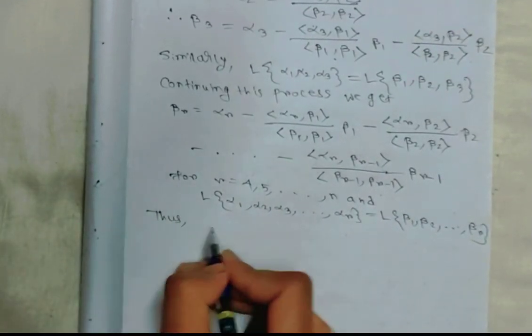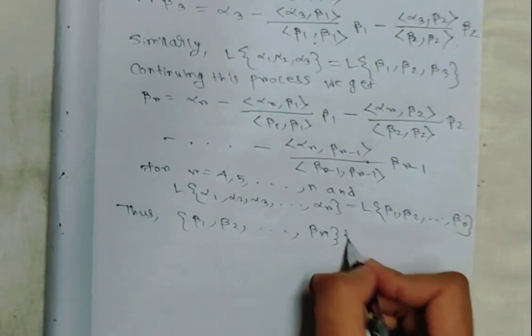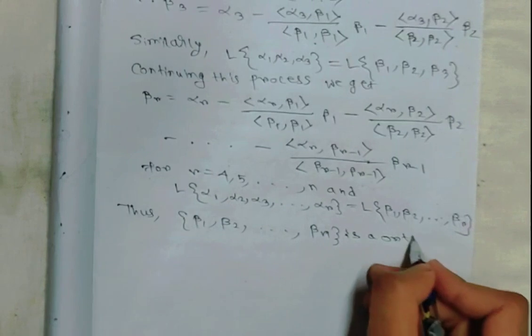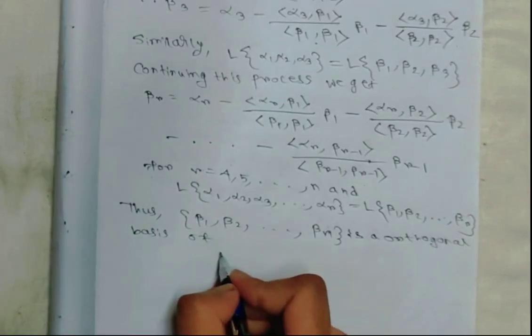Thus beta 1, beta 2, dot dot dot, beta n is an orthogonal basis of V.